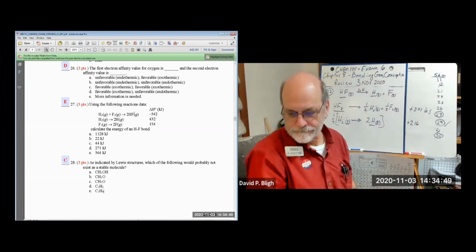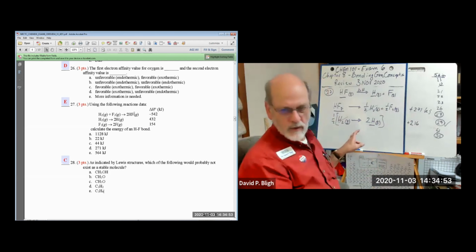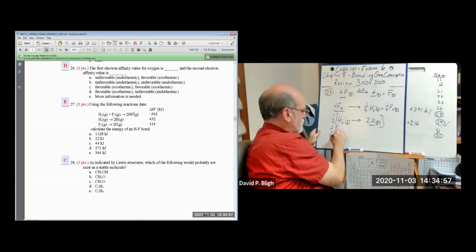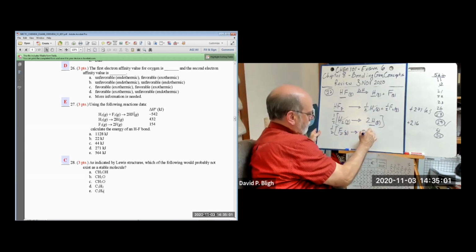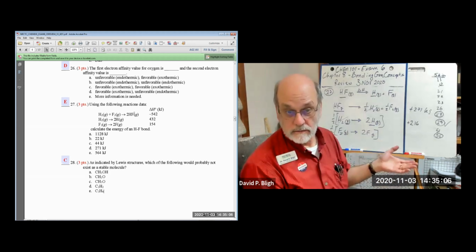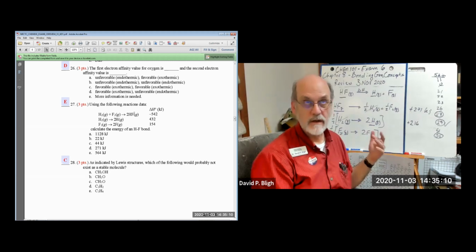Okay. And then the other one is fluorine, is similarly arranged. In that order. So we only need half of that. Half of 154 is 77.